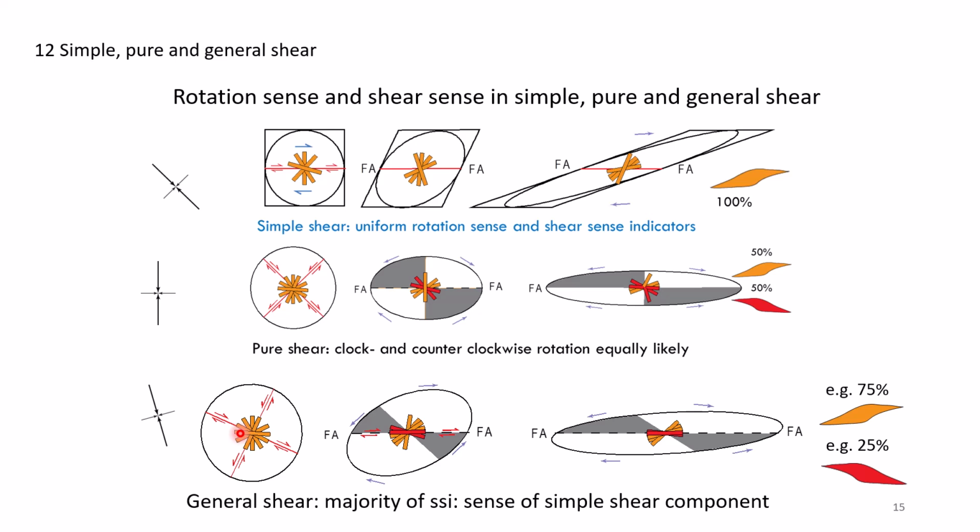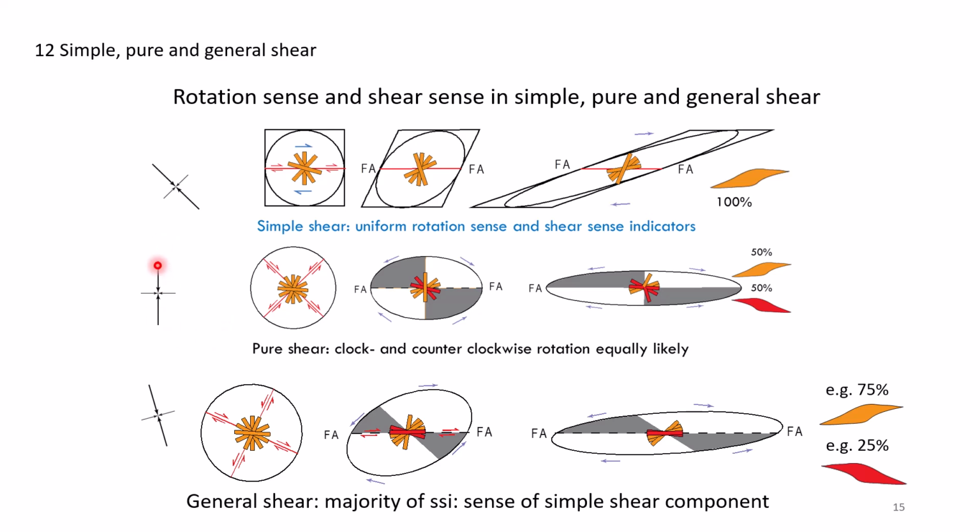In the general shear case that we see here at the bottom, we see a combination of simple shear and pure shear. And comparing the orientation of the stress fields for the three cases, we see here a 45-degree angle between the shear zone boundary and the principal stress vectors.